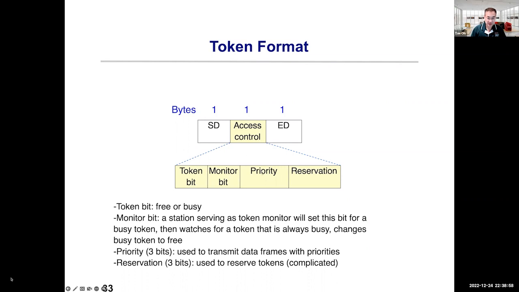Priority isn't used quite often. And the reservation is not being used as well. So in this case, I'm just relaying this to you to look at the different technologies.